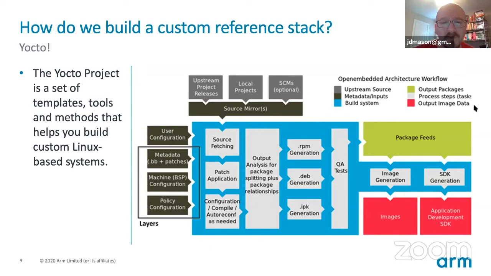You'll see how these pieces all pull together, and also notice up in the upper portion of it the source code and the source mirrors and how it's being fetched down. I don't want to dig too deep into the details of Yocto and how it's happening, so hopefully everyone has at least a rough understanding of Yocto.